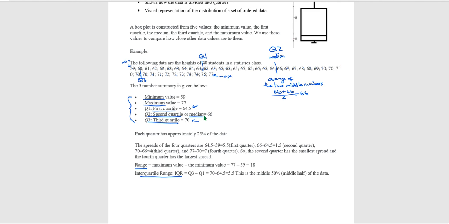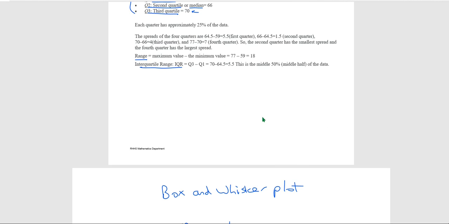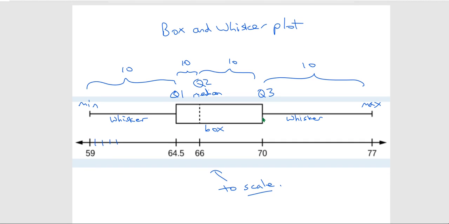If your list has an odd number of data values, the middle number will be a number that you can read from the list. If it has an even number of values, then the median is going to sit between two numbers, so you'll take the average. Once you found the median, that's Q2, then you go back to Q1, which is going to be the middle of that first half, and Q3 would be the middle of the second half. You get all 5 numbers, and then you're ready to plot them.